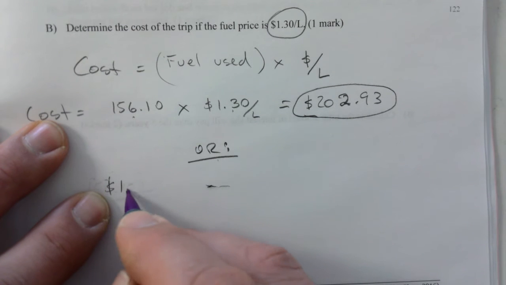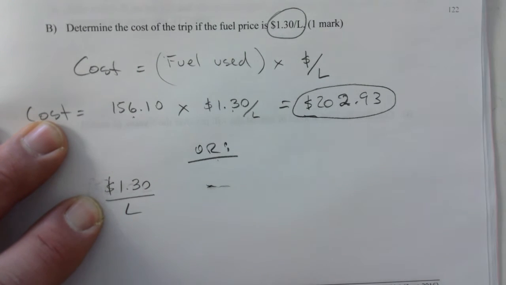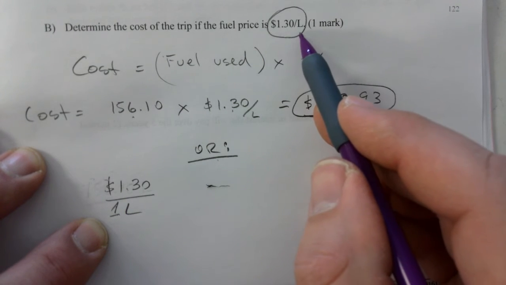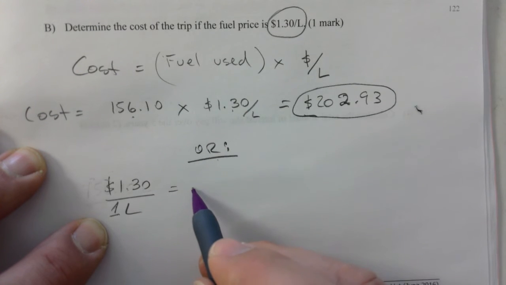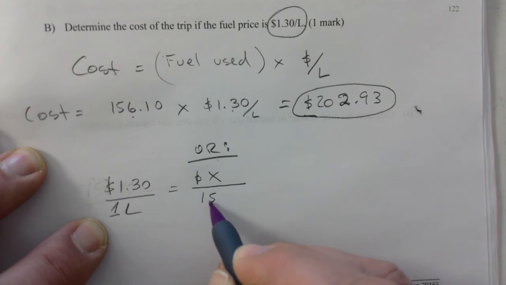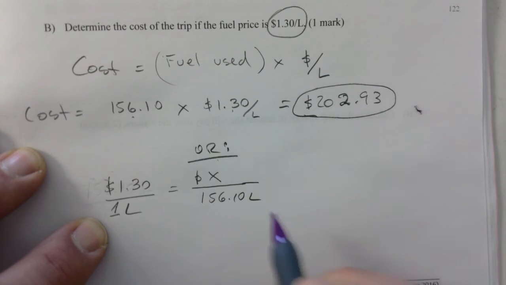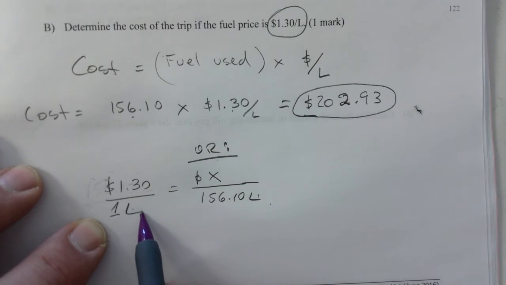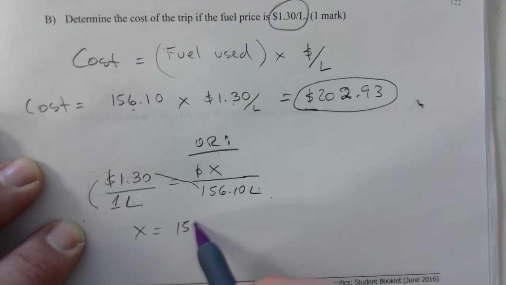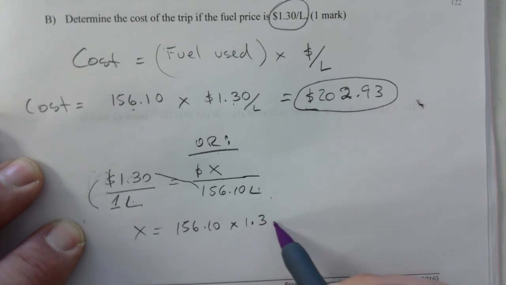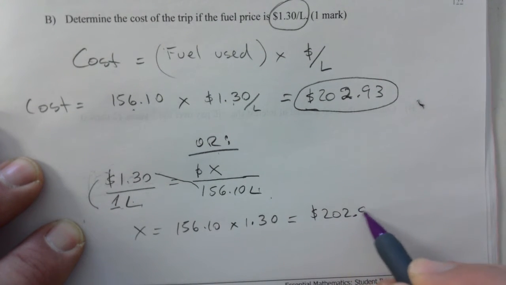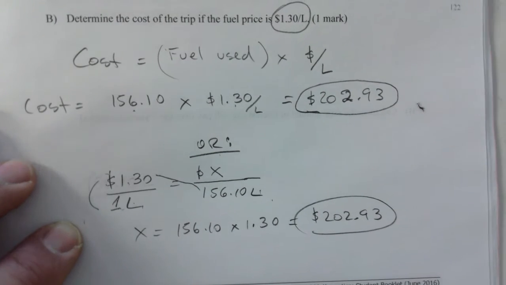If it costs you $1.30 per liter, for 1 liter that is, right? $1.30 per liter, that's what the price is really saying. This is just another way of doing that, right? Then how much would you pay in dollars for 156.10 liters? And remember, liters have to match up, right? And so you cross multiply, divide. So X is really 156.10 times 130. You're not going to divide by 1 because it's not going to do anything. So you end up with the same answer as up there. Okay.